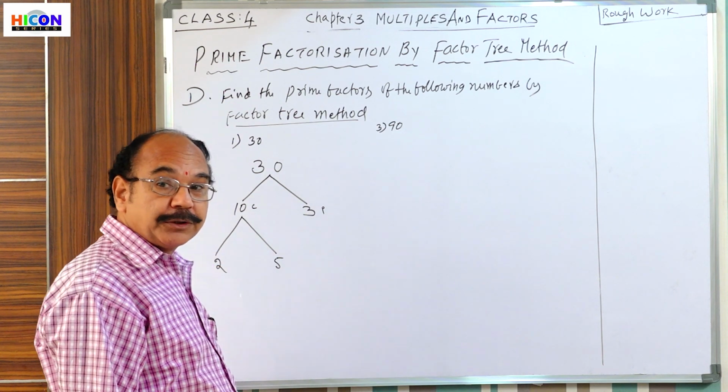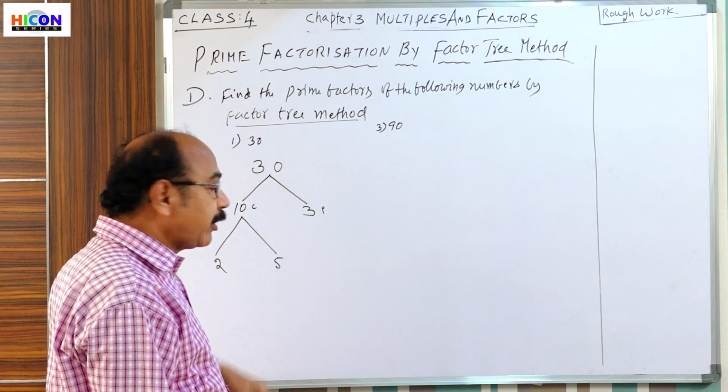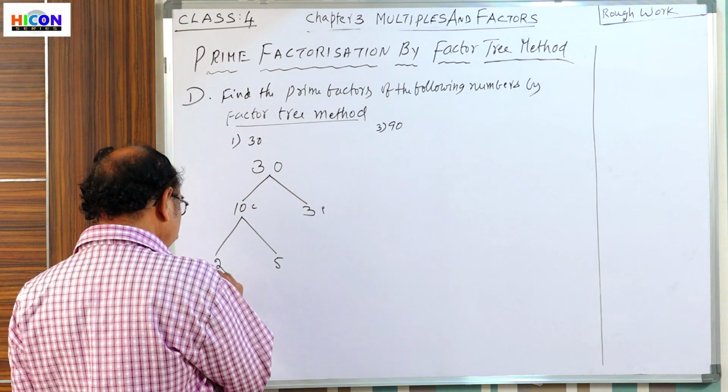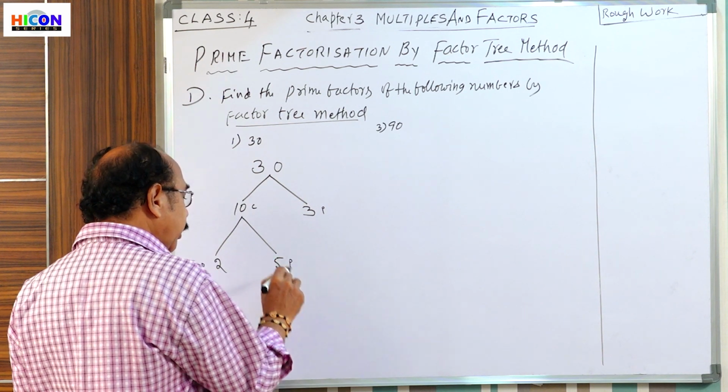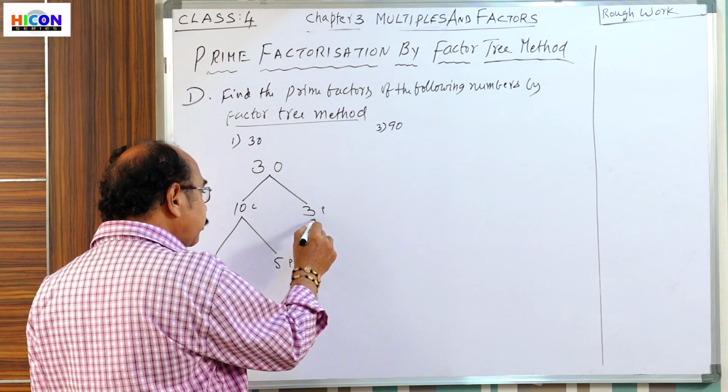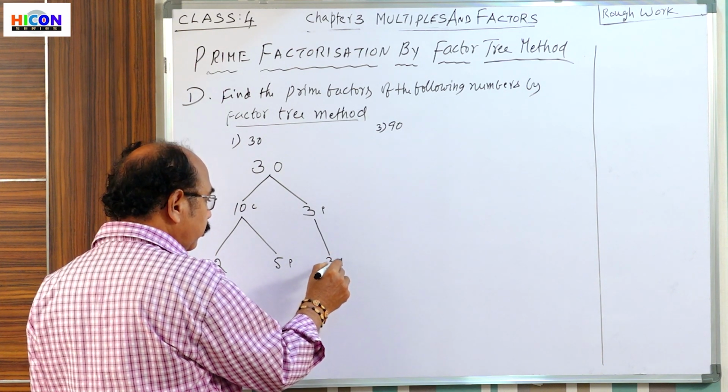The composite number can be broken as 2 into 5. Here 2 is prime, 5 is prime. This 3 as it is you write. 3 is prime.